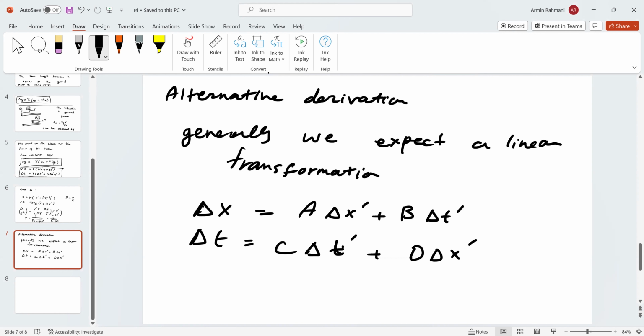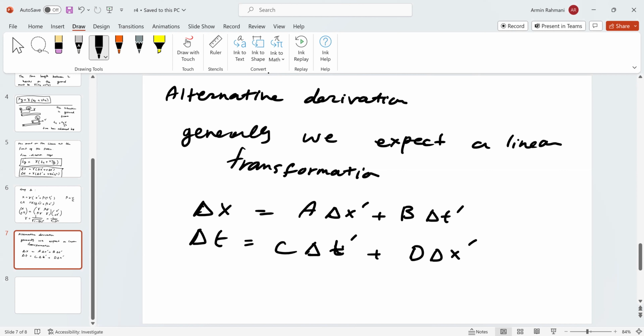Well, first, there is no special time and place in an inertial reference frame. All times and positions in space should be equivalent. So if a, b, c, or d depended on where it is in that frame or what time it is, they would be picking some special time and place, which doesn't make sense. And the reason we expect a linear transformation is that we should agree on lack of acceleration, for example.